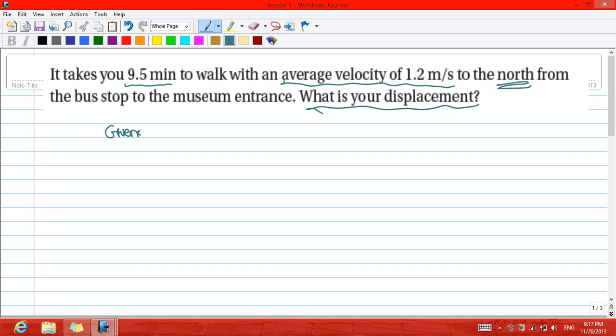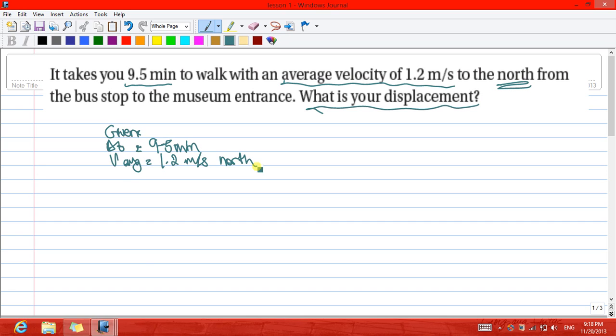This part is really easy to solve. Let's write the given to make it easier later for us. We have delta t, 9.5 minutes. And the average velocity, V average, equals 1.2 meter per second north.